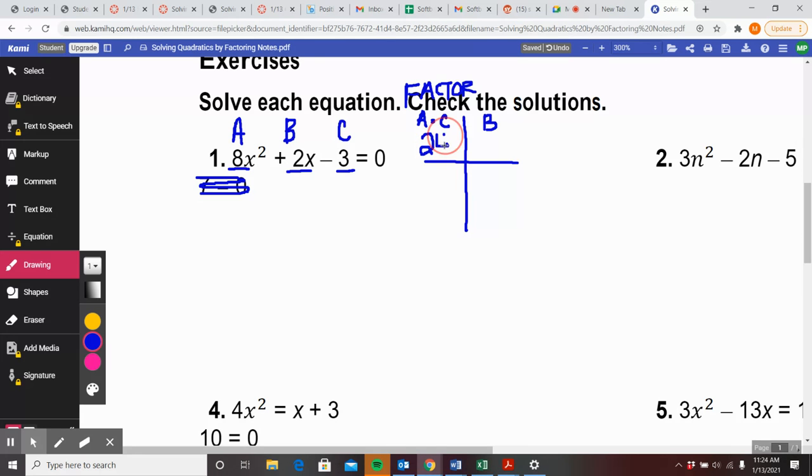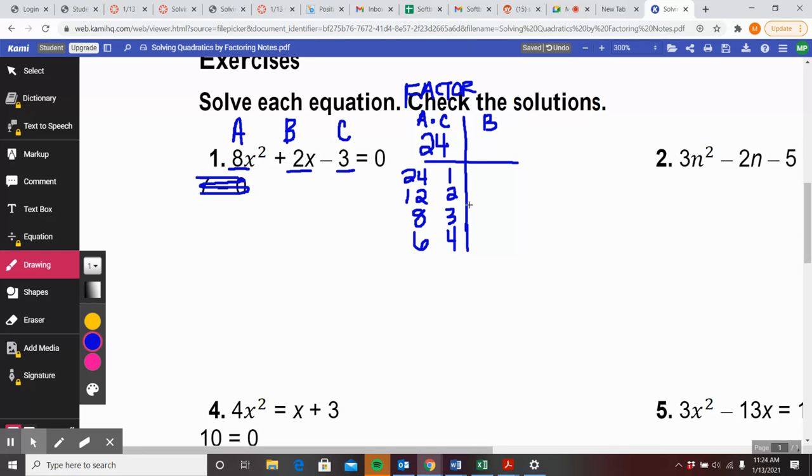So you factor 24. So it's 24 and 1. What's divided by 2? 12 and 2. Okay, now see if it factors by 3. 8 and 3. And then see if it goes to 4. 6 and 4. So those are all your factors of 24.